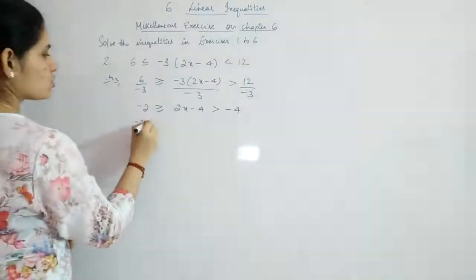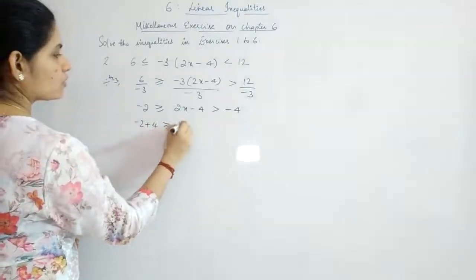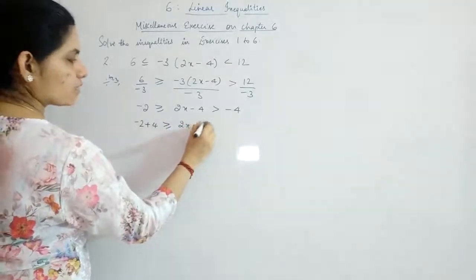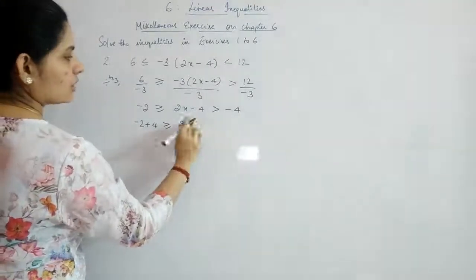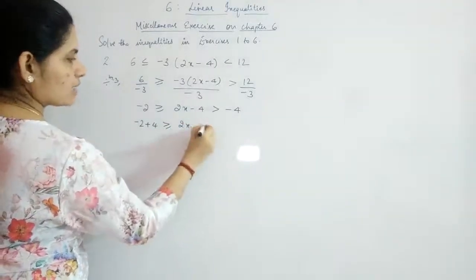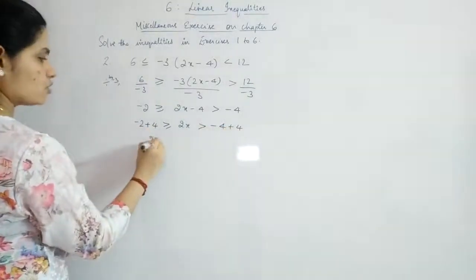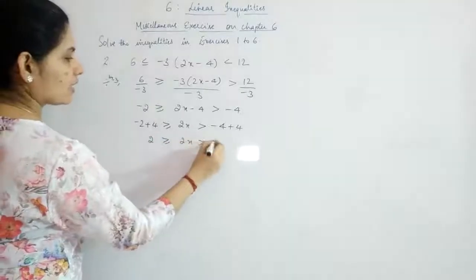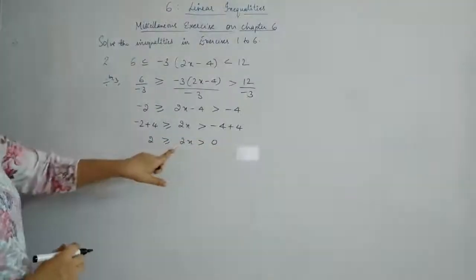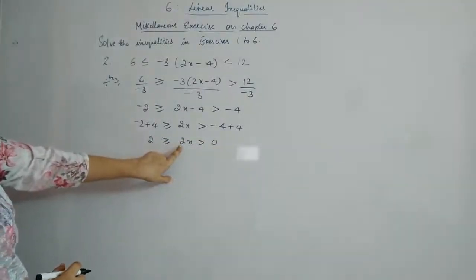You will get minus 2 plus 4 greater than equal to 2x minus 4 plus 4 will give you 0. Then so the term becomes 2x, and this is greater than minus 4 plus 4. We are getting here 2 greater than equal to 2x greater than 0. Now your purpose is to remove this 2, that is dividing throughout by 2.